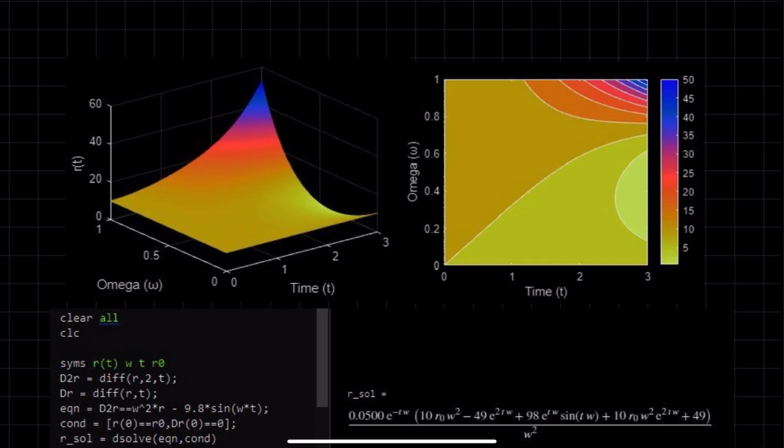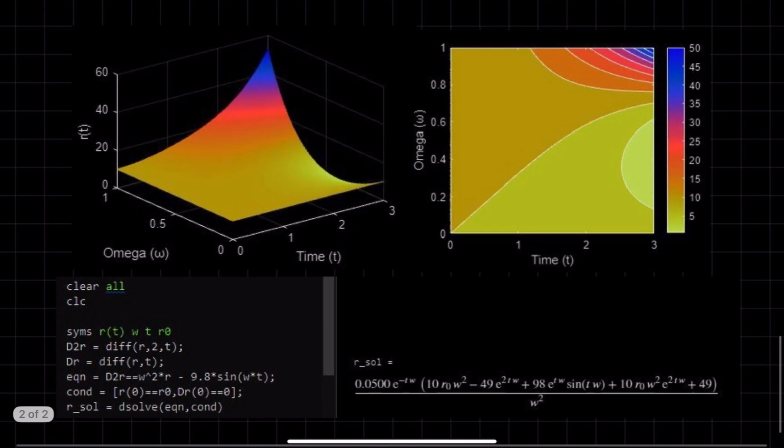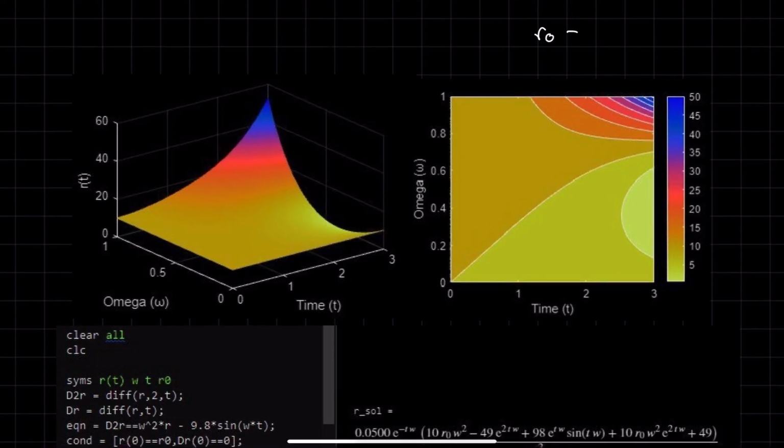How? Because, as you can see, it starts at r0, and for this graph I put r0 equal to 10. So that color is 10 in this part. And we can see that this is a stabilization point.